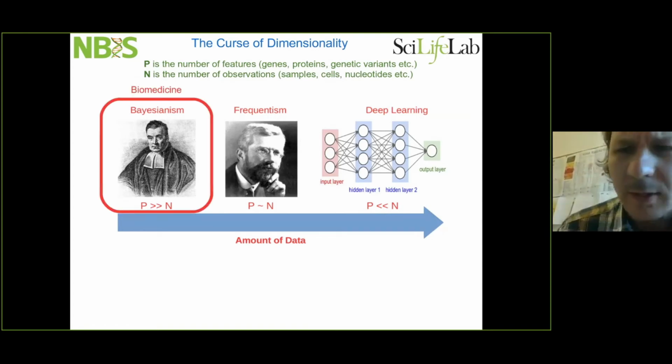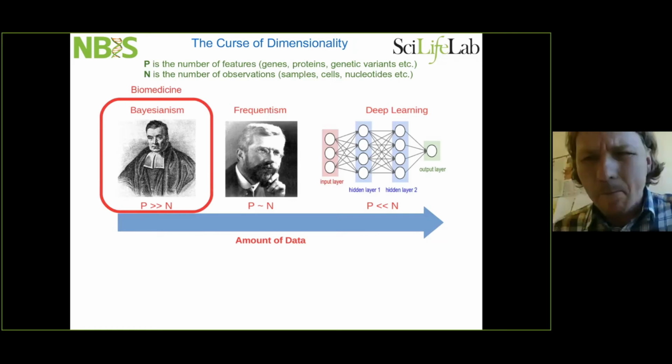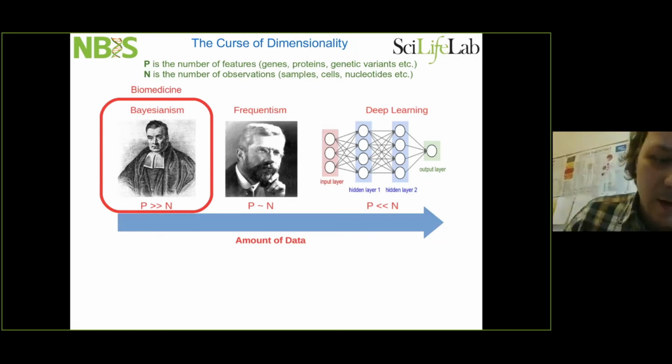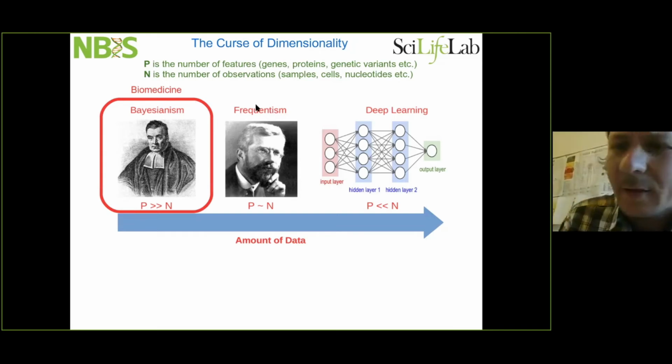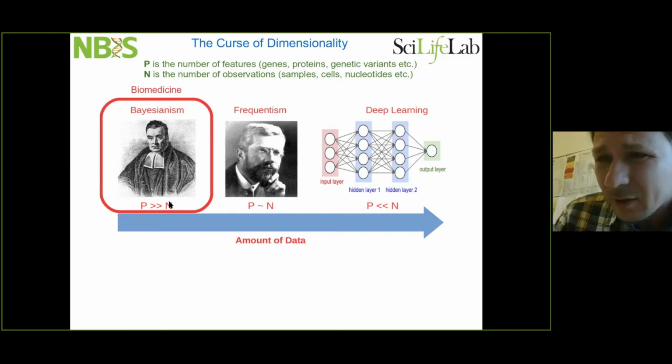And if you look at biological and biomedical applications, in my experience, they're sitting kind of here. People with a biological background can think about what N is in your experiment: 5 to 6 mice, or maybe 20 mice, or maybe 100 mice. So your N is maybe 100 at most. And what is your P?